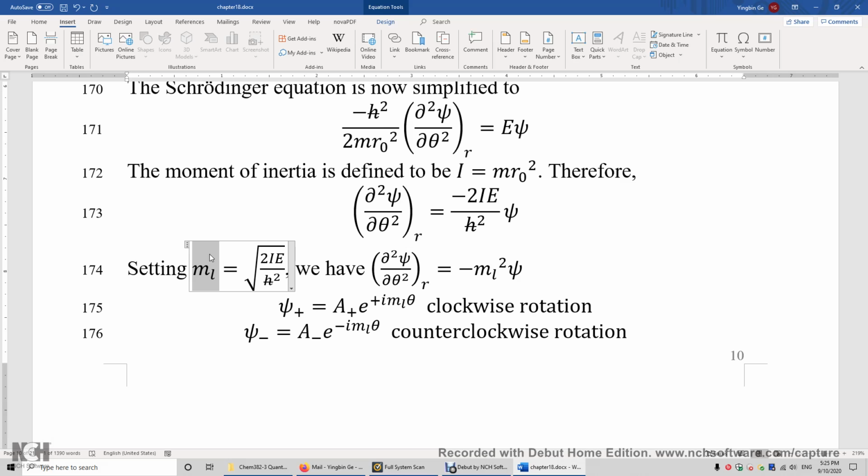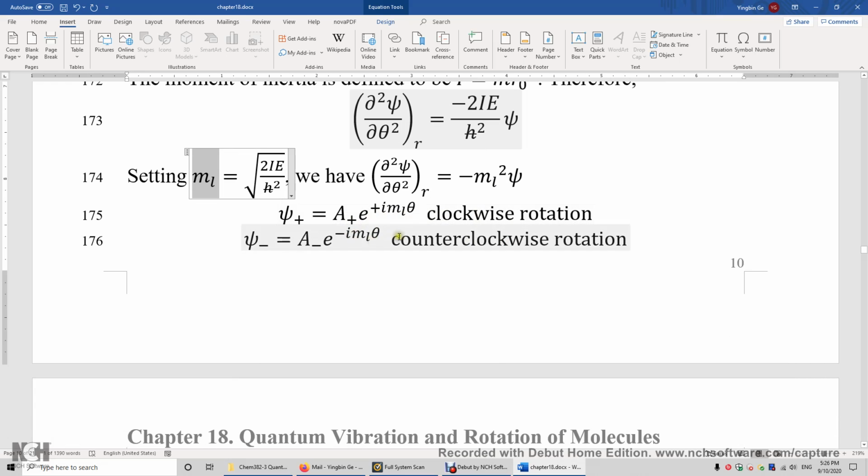This m sub l is, in general chemistry, the z component of the angular momentum of the electron regarding its rotation about the nucleus. So just for consistency, we use m sub l here.